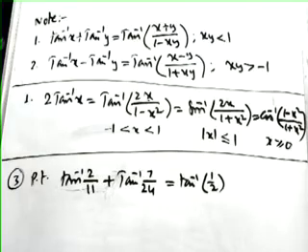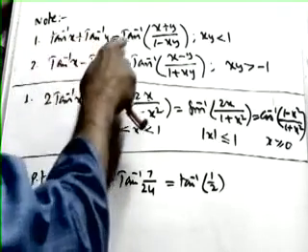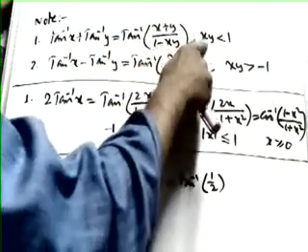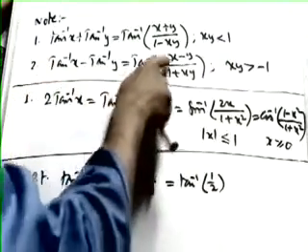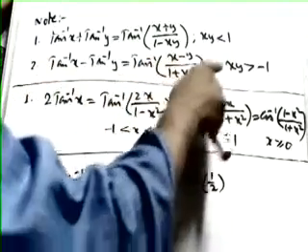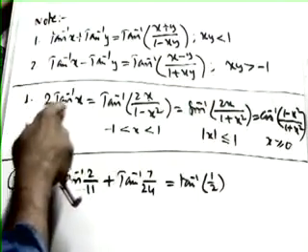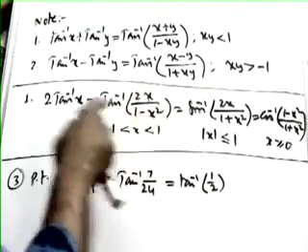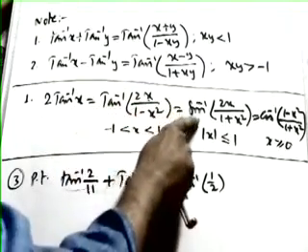See here, before going to the next question, watch carefully. We have a formula: tan inverse x plus tan inverse y is tan inverse of (x plus y) by (1 minus xy). Condition is xy less than 1. Tan inverse x minus tan inverse y is tan inverse of (x minus y) by (1 plus xy). Condition is xy greater than minus 1. You also have to use these formulas. 2 tan inverse x can be written as tan inverse of 2x by (1 minus x square) when we have to change in tan.